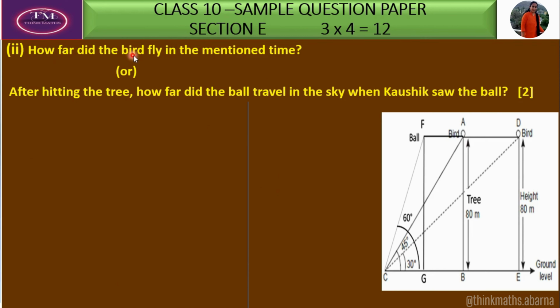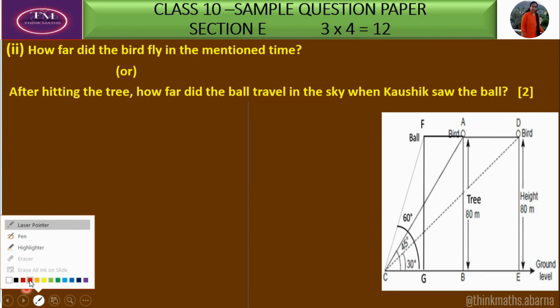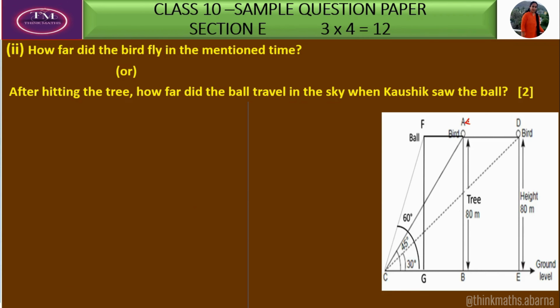How far did the bird fly in the mentioned time? So in 2 seconds, the bird flew from A to D. So we have to find out the value of AD. So the bird flew from A to D, which is just equal to BE.